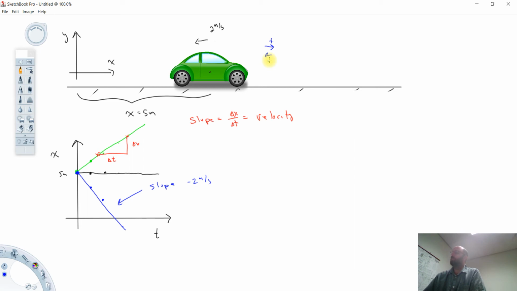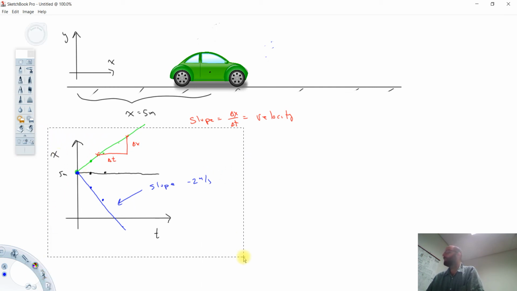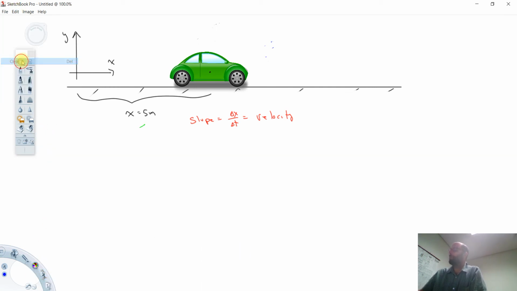Now, let me go back to our example and imagine for a moment that the person steps on the gas. So now, in a moment here, I'm going to redraw some stuff. Let me get rid of this.